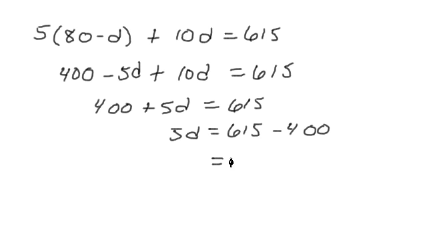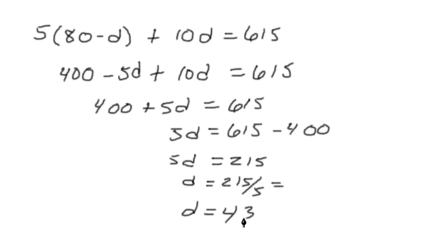So we get 215, and we multiply both sides by 1/5, and we get 43. So there are 43 dimes.